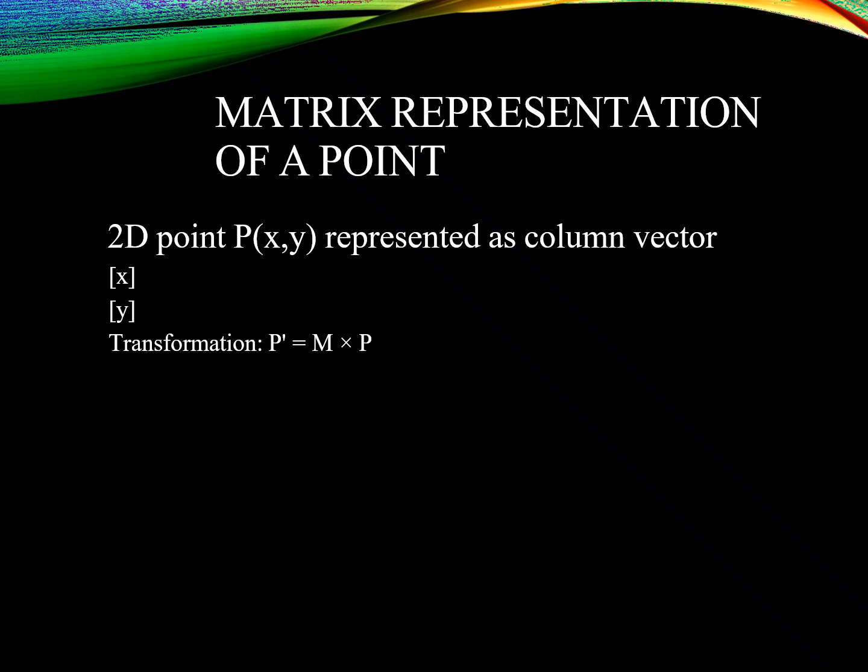The equation is very simple. The transformed point P prime is equal to the transformation matrix M multiplied by the original point P. And almost every transformation in computer graphics follows this same principle.